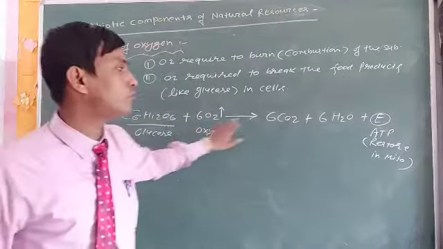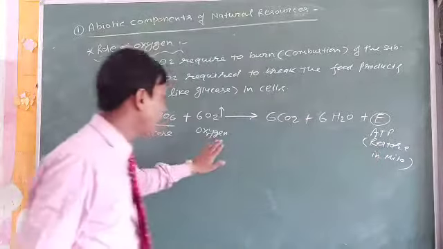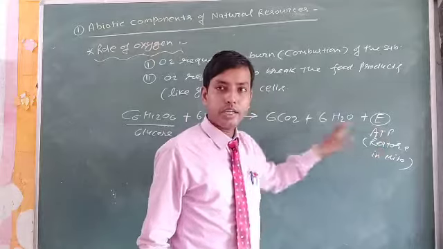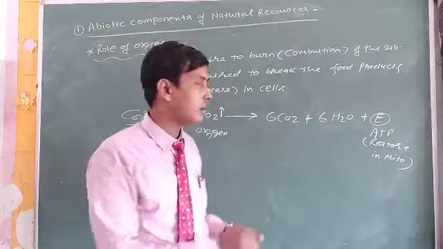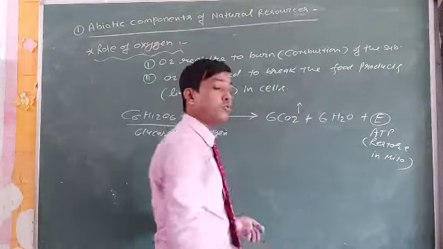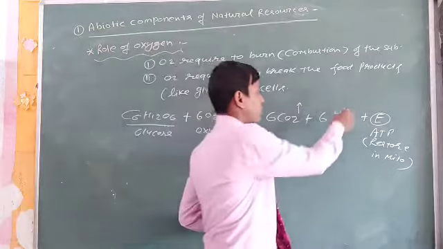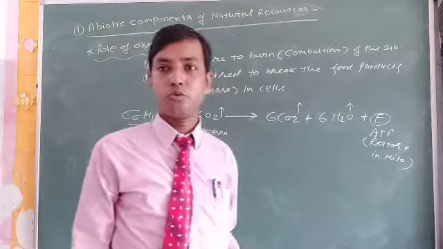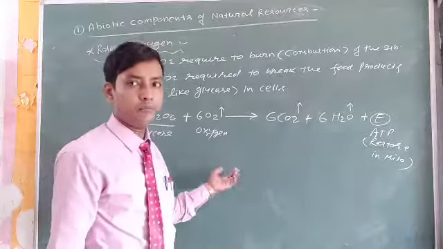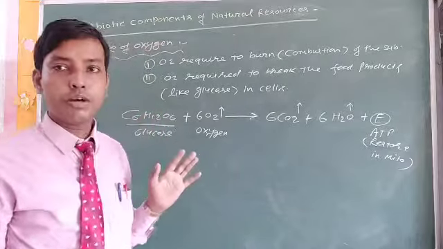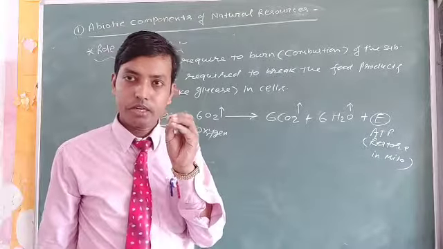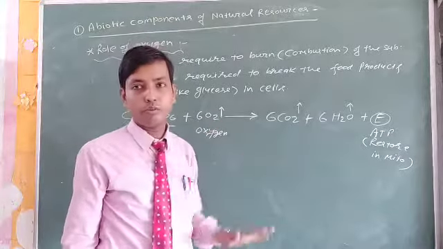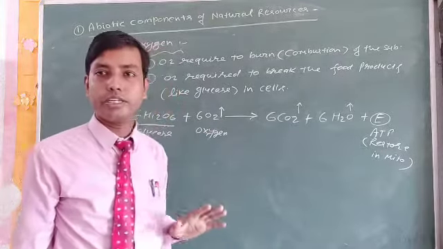So without oxygen you cannot get energy. Carbon dioxide is released through respiration, and water through sweating, urine and other byproducts. Not only your body respires; plants also require oxygen for the breakdown of glucose. So these are the roles of oxygen in our body.